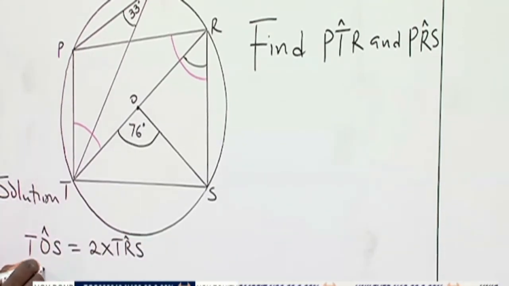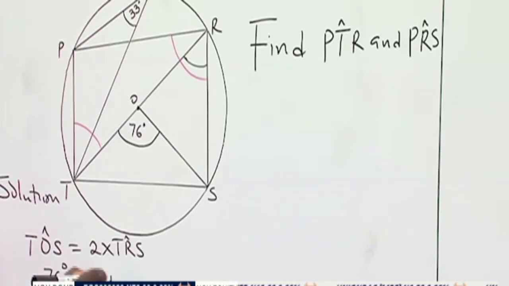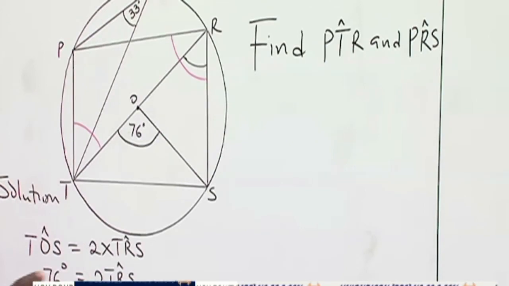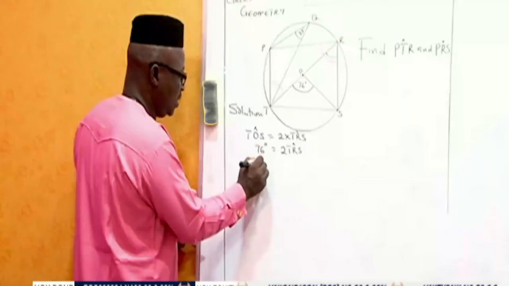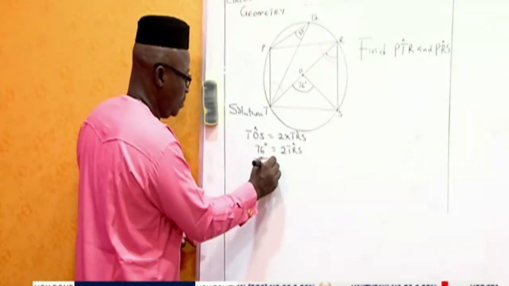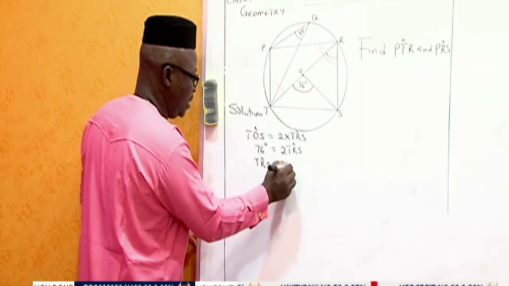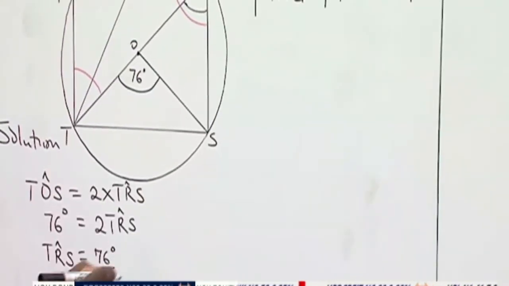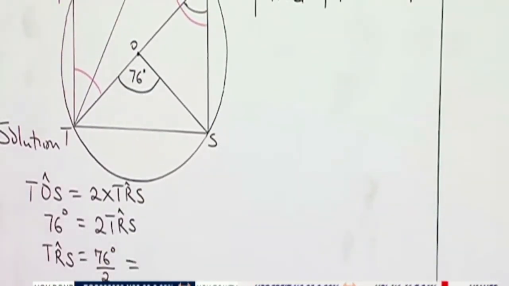Angle TOS is 76. That is equal to 2 times angle TRS. Then from here, angle TRS is going to be 76 divided by 2. And what we have is going to be 38.